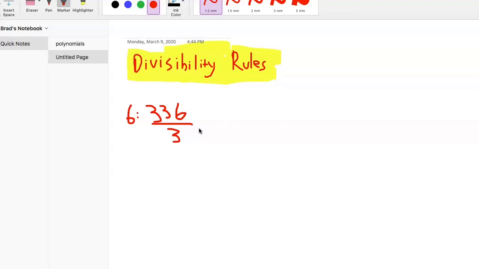So we did 3 plus 3 was 6, plus 6 was 12, so that equals 12 divided by 3, right? And that equaled 4. So 336 divided by 3 equals 4.